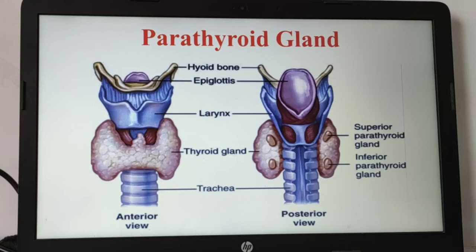Like other glands, the parathyroid gland also secretes a particular hormone, a peptide hormone, called parathormone. It is also called PTH, and it has another name, Collip's hormone. The main function of this hormone is that it regulates the calcium and phosphate balance in the blood.